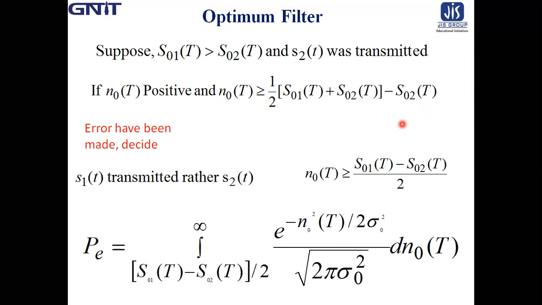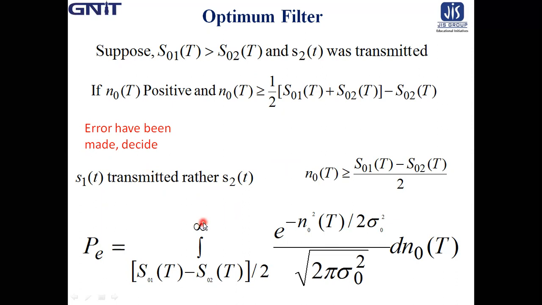So an error will come if N0(t) is greater than or equal to (S01(t) minus S02(t)) by 2. According to our previous rule, we decide that S1(t) is transmitted, but actually S2(t) is transmitted.